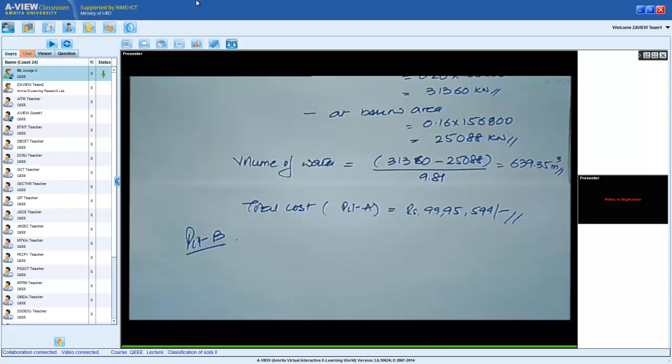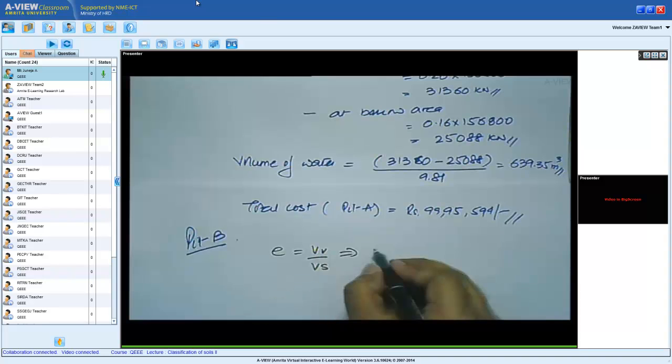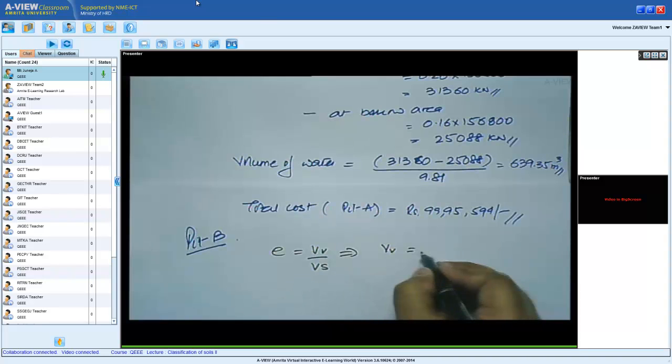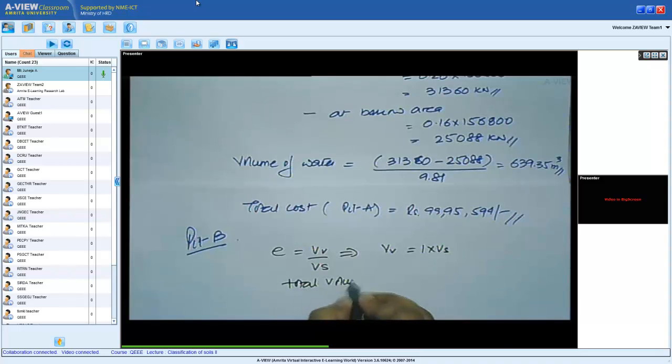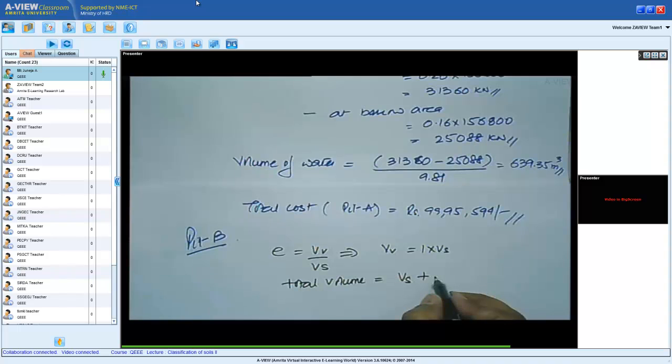Pit B, I would like to follow the same logic. I have void ratio equals volume of voids over volume of solids. The void ratio at pit B is 1, so volume of voids equals 1 times volume of solids. In other words, total volume equals volume of solids plus volume of voids, and volume of voids is equal to volume of solids.